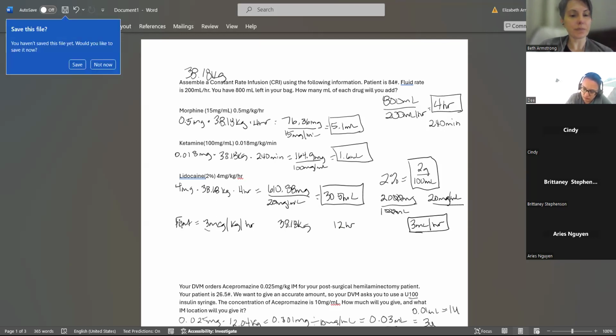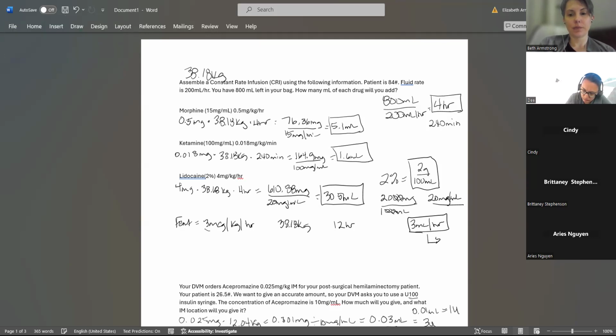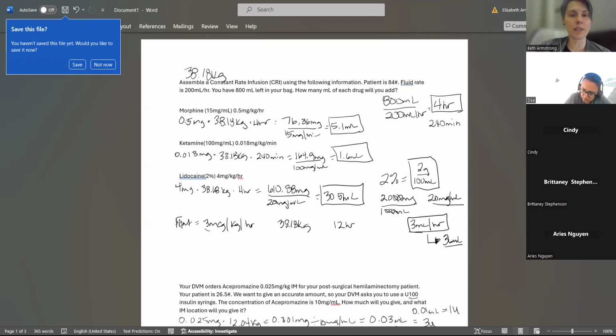Super easy. If I have it at 3 mLs an hour for 12 hours, how many total mLs will I need of my fluid? 36. Okay, so 36 mLs is my total.